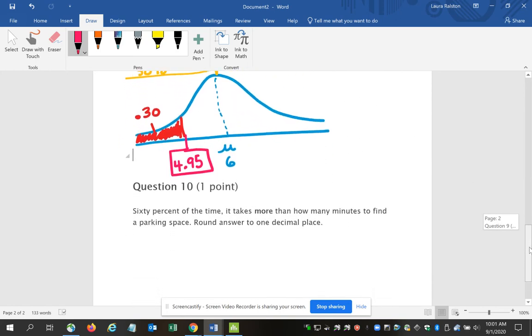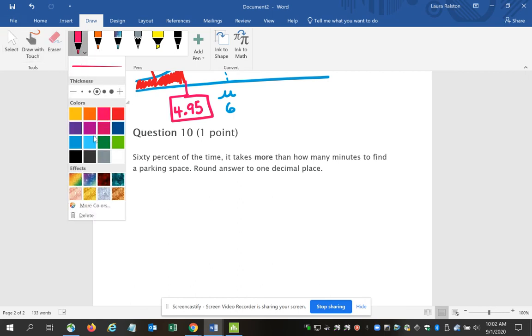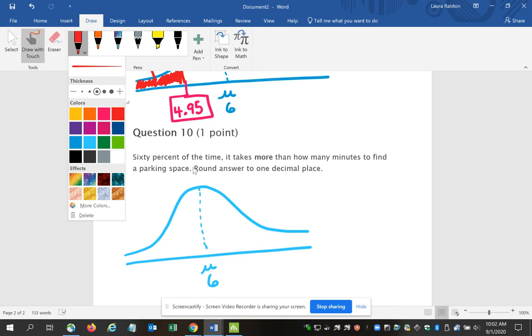Now, number 10 is actually a little bit tricky, and there's a bold word there that hopefully can help you out. 60% of the time, it takes more, that's a key word, more than how many minutes to find a parking space. So again, if I think about drawing my picture, I have my horizontal axis, my bell-shaped curve, the mean is in the middle, which is 6, and it tells me that 60% of the time it takes more than this many minutes.